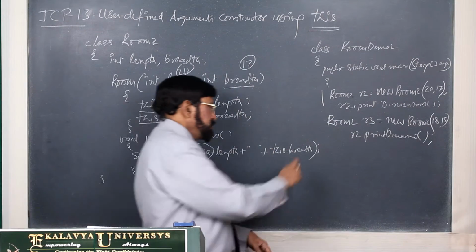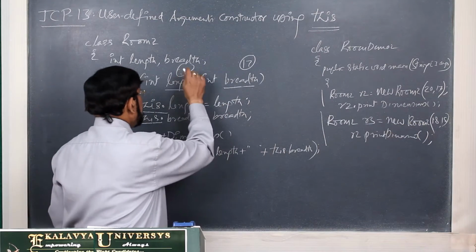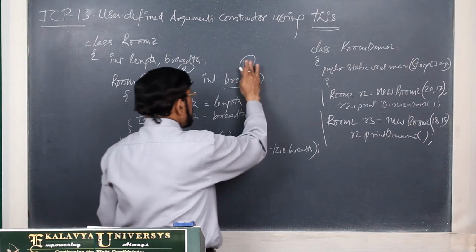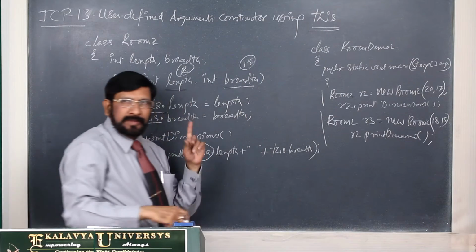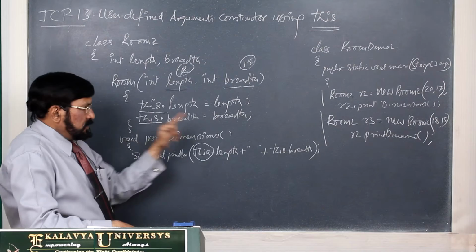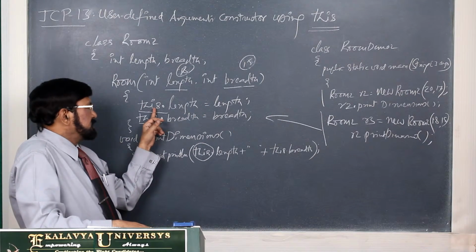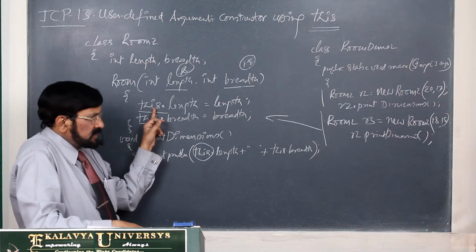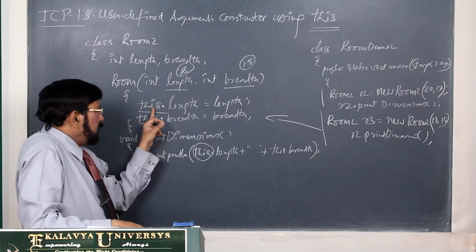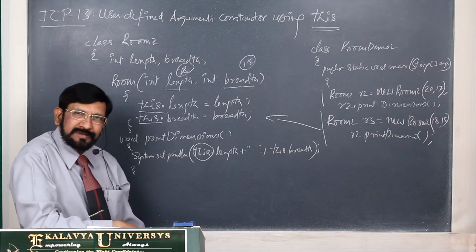Now let us come to the next one. 18 and 15 we are giving. 18 is assigned to length, 15 is assigned to breadth. In this case this is the synonym of R3, so R3's length is equal to length, R3's breadth is equal to breadth.